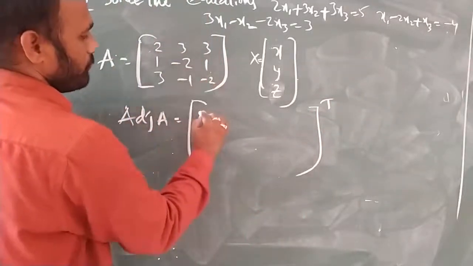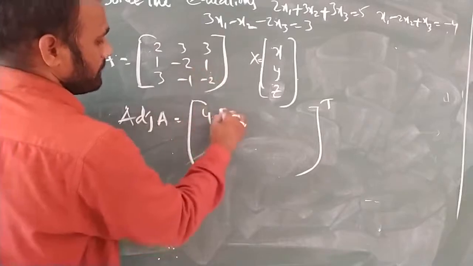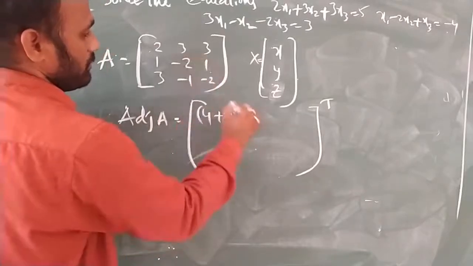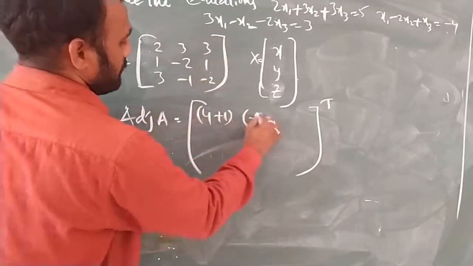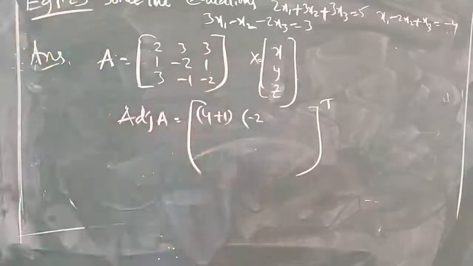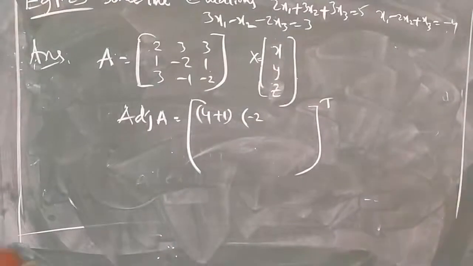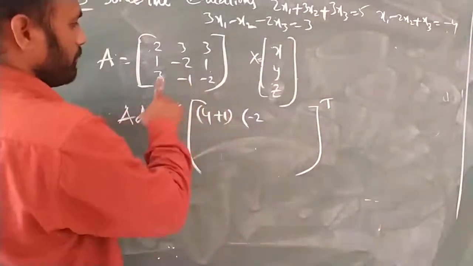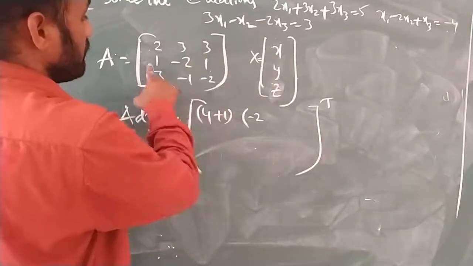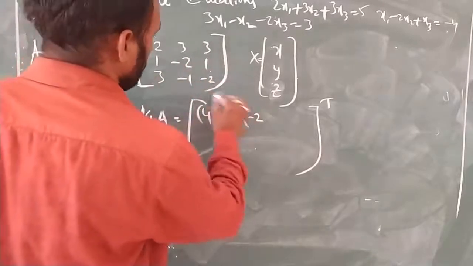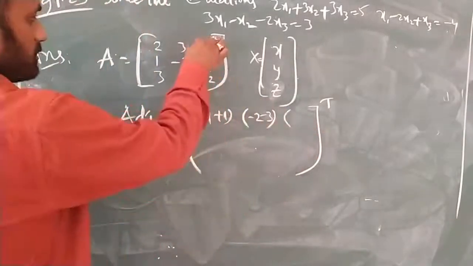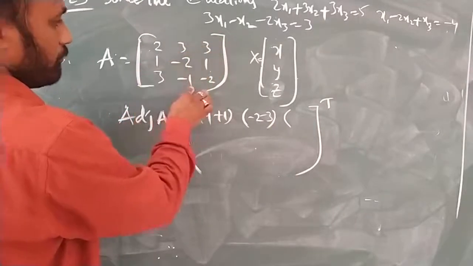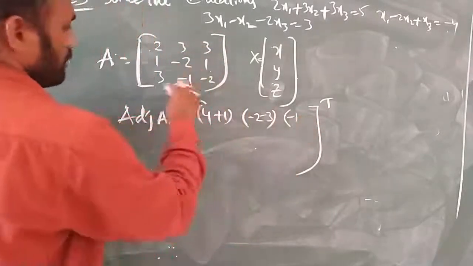So 4 plus 1, minus 2. Next, here if I cancel this, it will become minus 2. Here it will be minus 3. Next, if I want this, so 1 minus 1 plus 6.